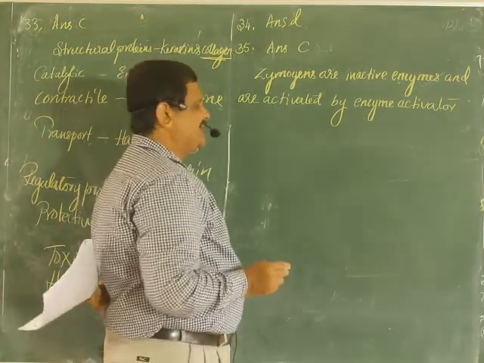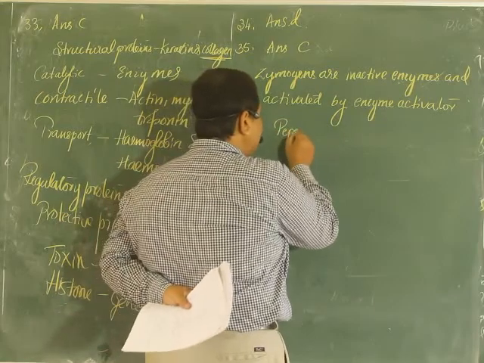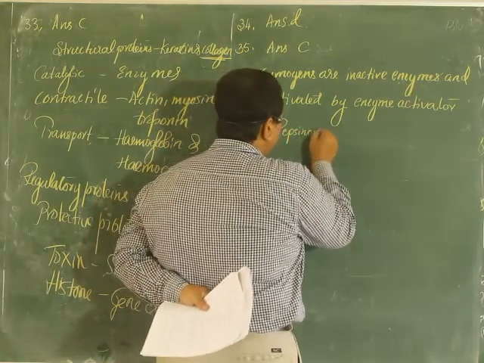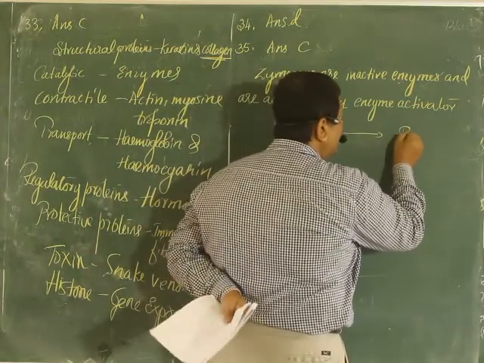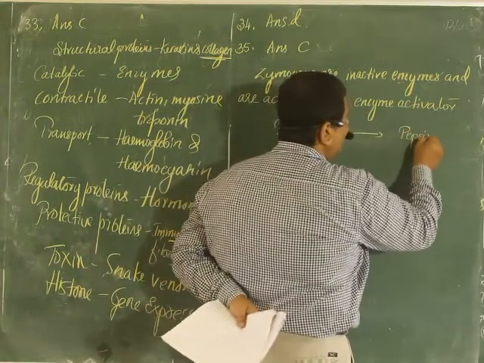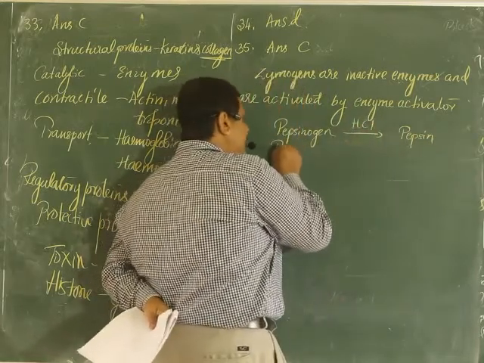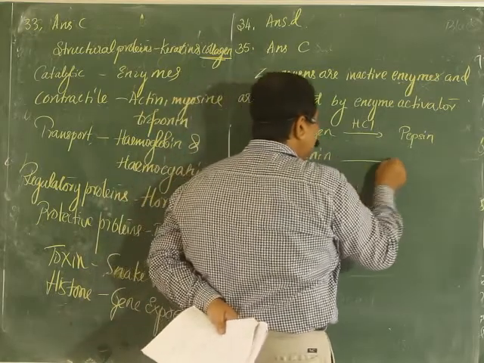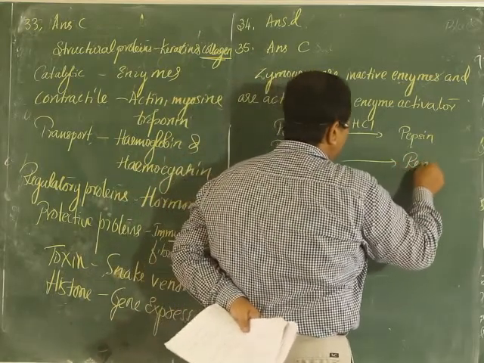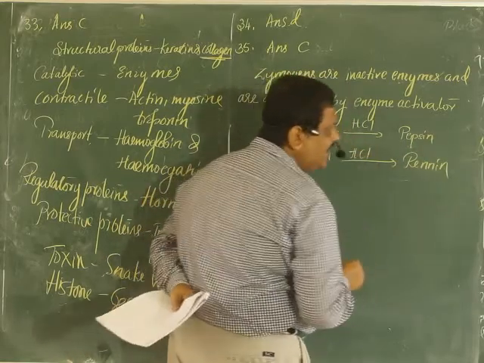I'll give you some zymogen names. For example, pepsinogen is a zymogen. Its activated form is pepsin, and HCl is required for activation. Prorenin's activated form is renin, activated by HCl.